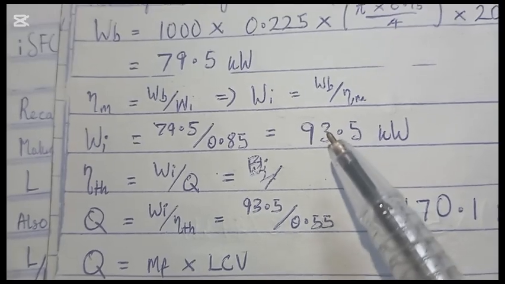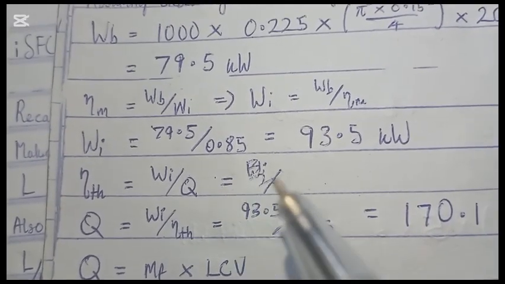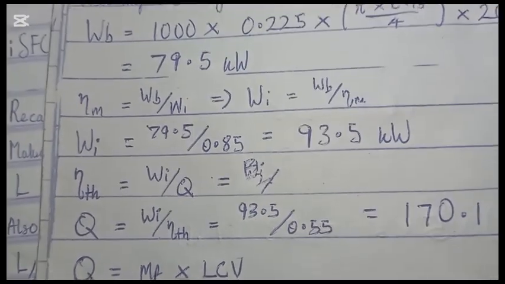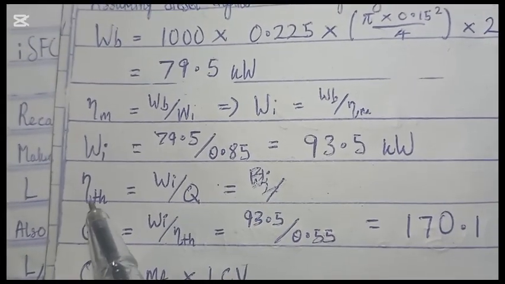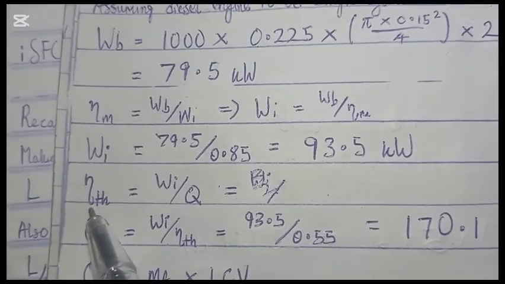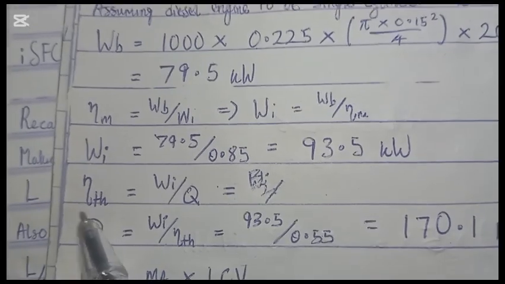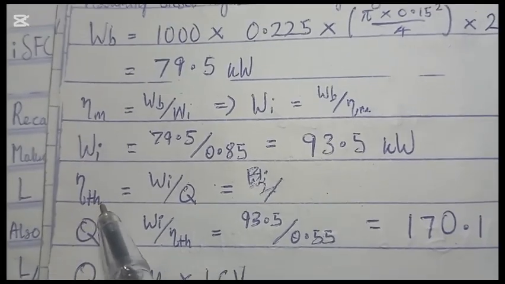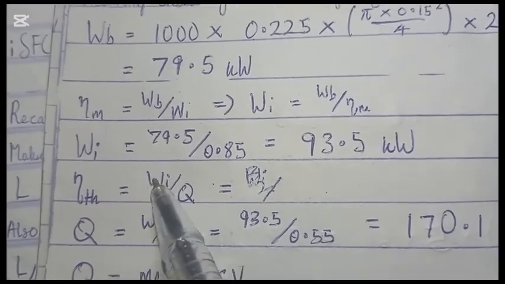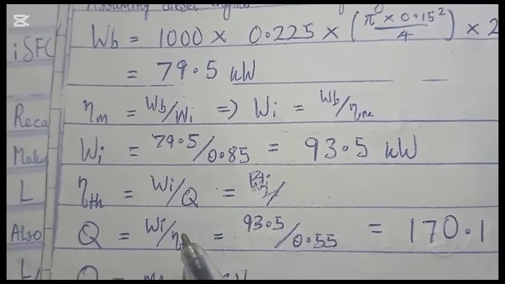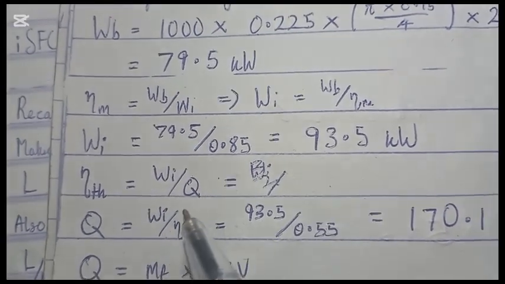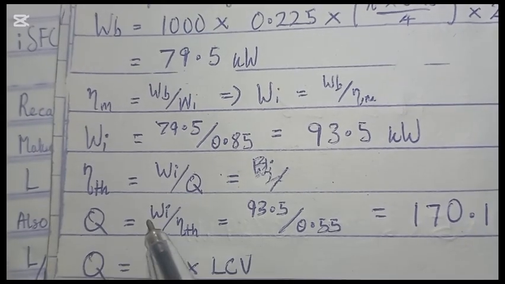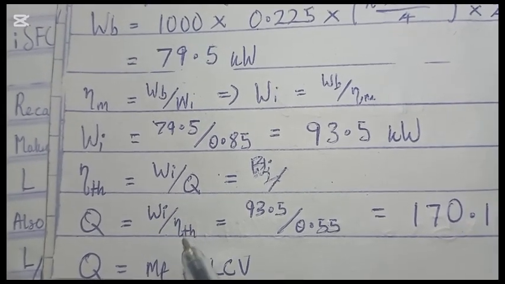Now we are going to try and find our MF. Let's recall that the thermal efficiency was given in the question. What is the formula for thermal efficiency? Thermal efficiency can be written as Wi over Q. Let's make Q subject of the formula: Q is equal to Wi over thermal efficiency.